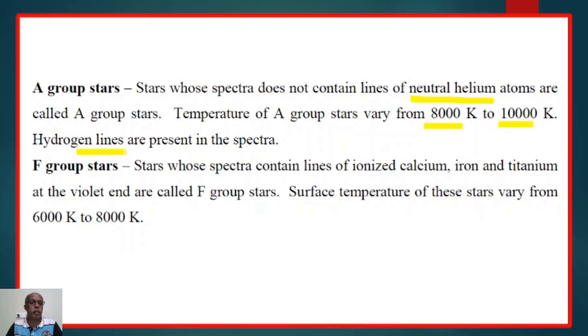The hydrogen spectra can be observed in A group stars. Similarly, we have F group stars. These are the stars which contain spectral lines of ionized calcium, iron, and titanium at the violet end, and the surface temperature of these stars varies from 6,000 Kelvin to 8,000 Kelvin.